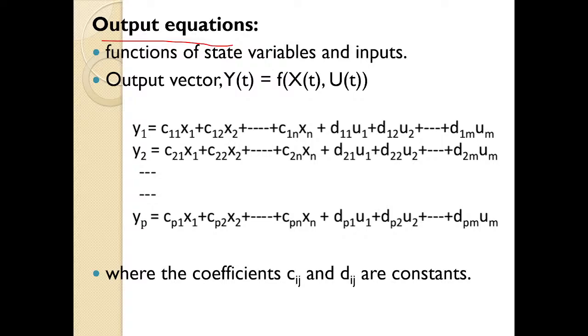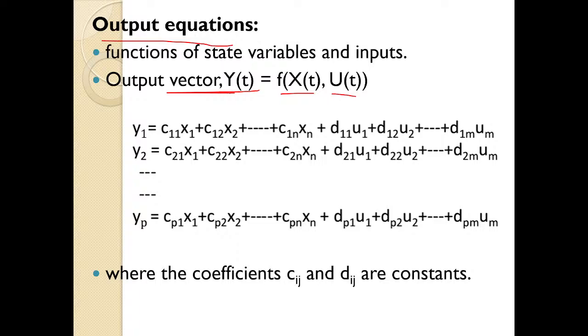Similar to your state equation, the output at any time will be a function of state variables and inputs. Hence the output variables can be expressed as a linear combination of state variables and inputs.